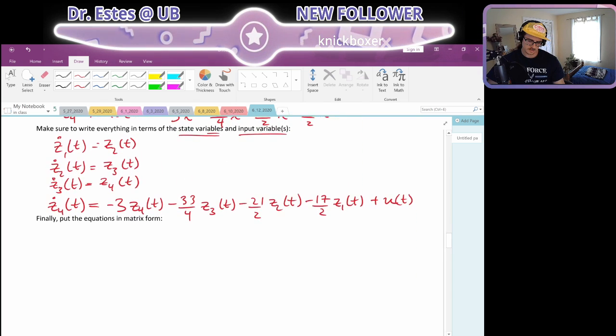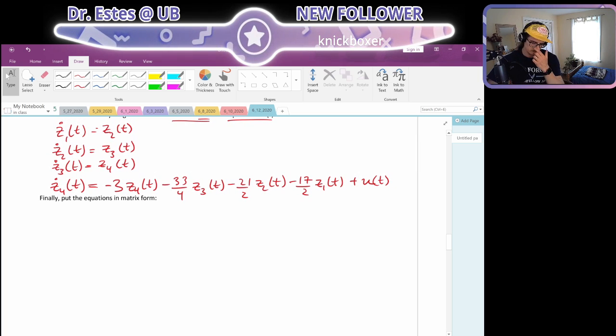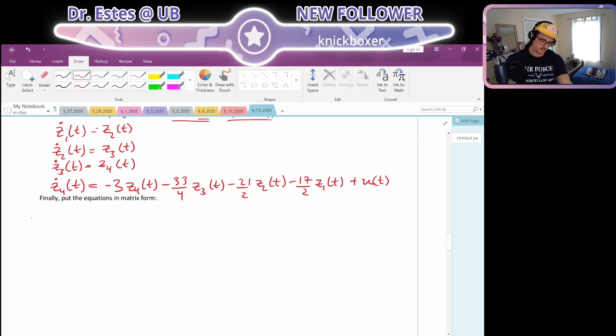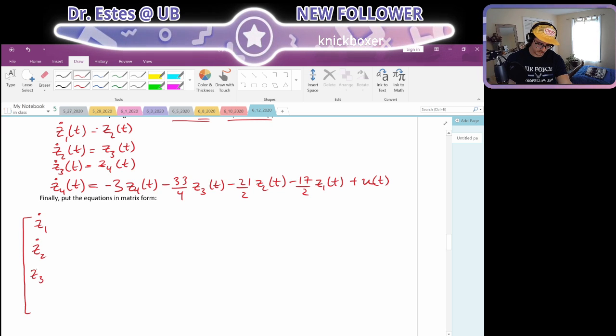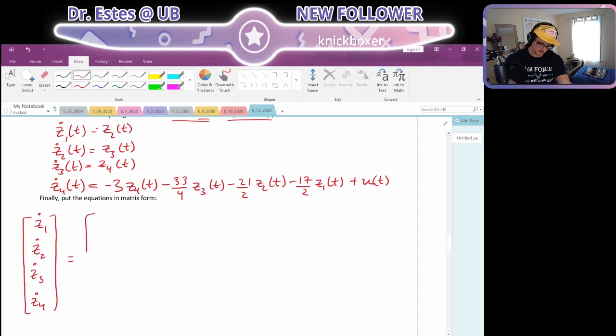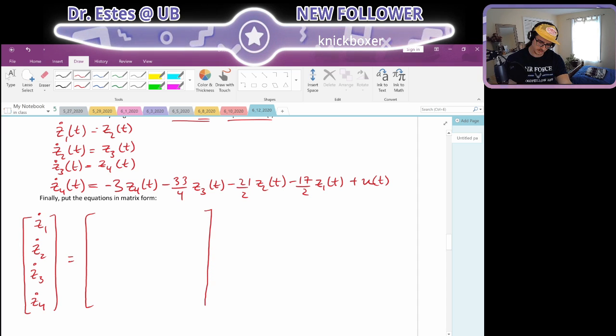Okay, I'm going to set this up for you. But I want you to fill in what these matrices are, just so you practice building it. Think about what size this matrix has to be.